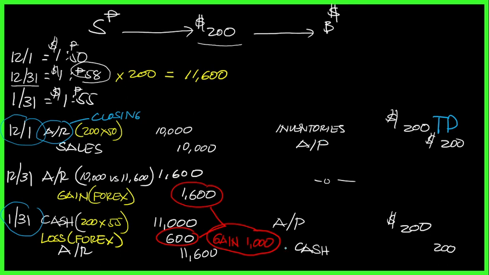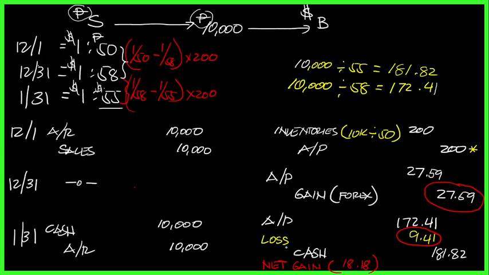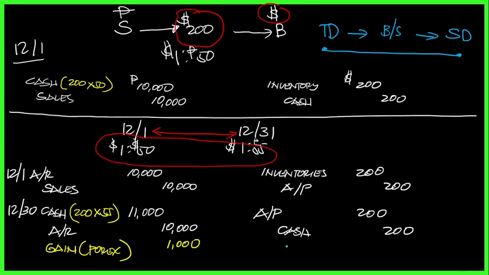You can compare this with our earlier examples. So you have a gain of 1,000. It's just that here, the transaction date and the settlement date are found in the same year. That is why sometimes the reported figure is 1,000.